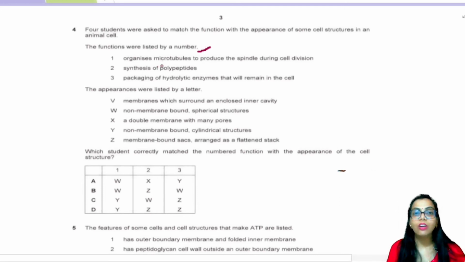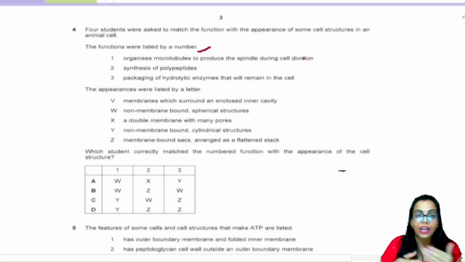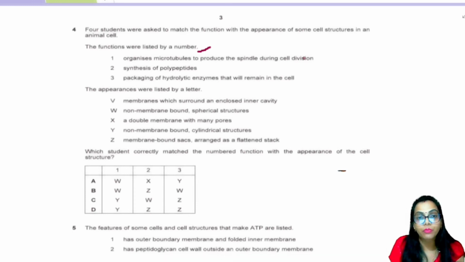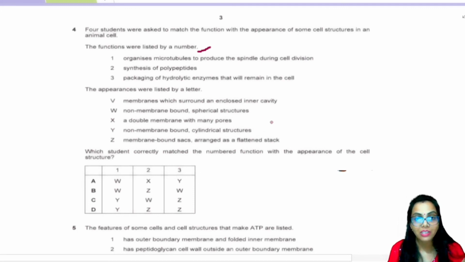Okay, the first function is to organize microtubules to produce the spindle during cell division. Which structure forms the spindle? Okay, the spindle is formed by the cylindrical structure, that is the centriole. So the cylindrical structure is given here.